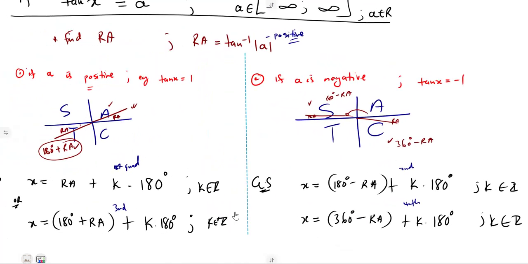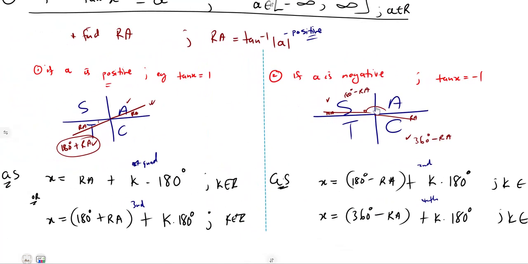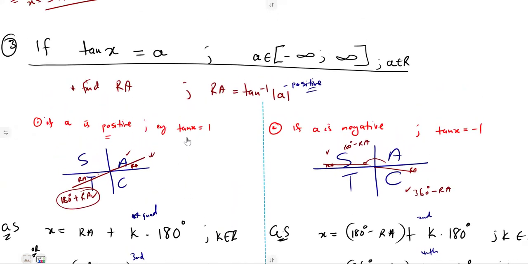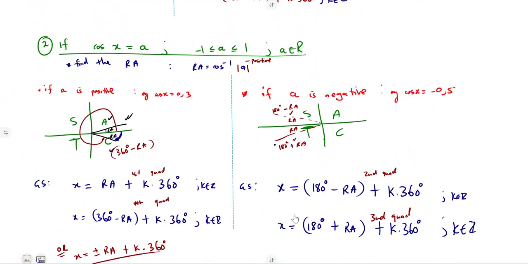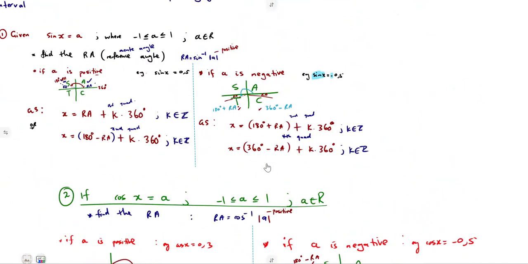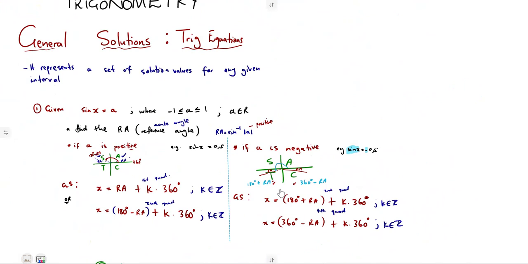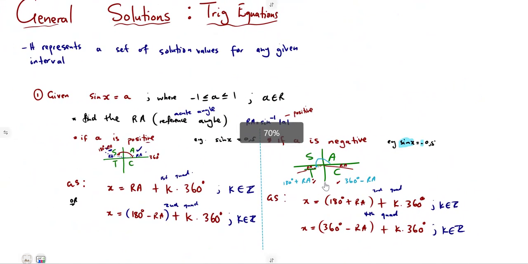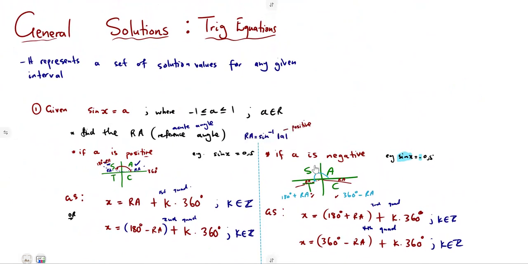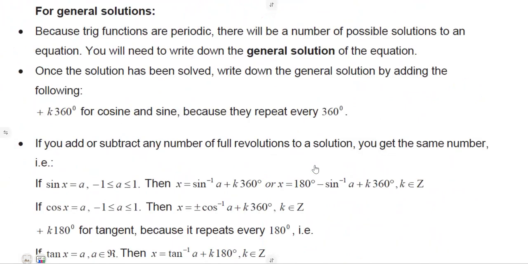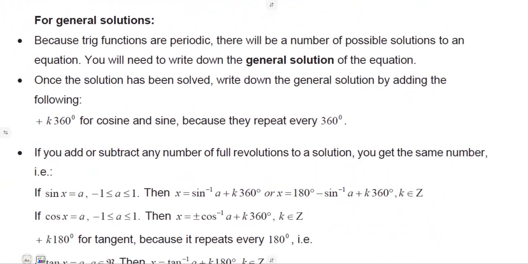Remember, the general solution carries all solutions for any interval. You just need an interval to say, okay, I'm dealing with positive values, so I'm just going to deal with this quadrant. So let us conclude with this information, then try to look into some examples for general solutions.